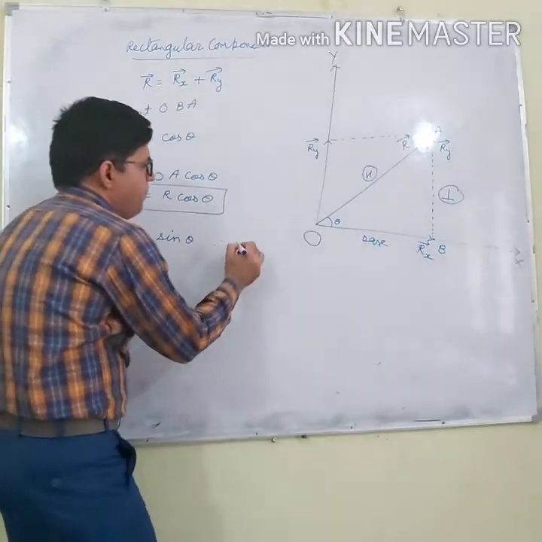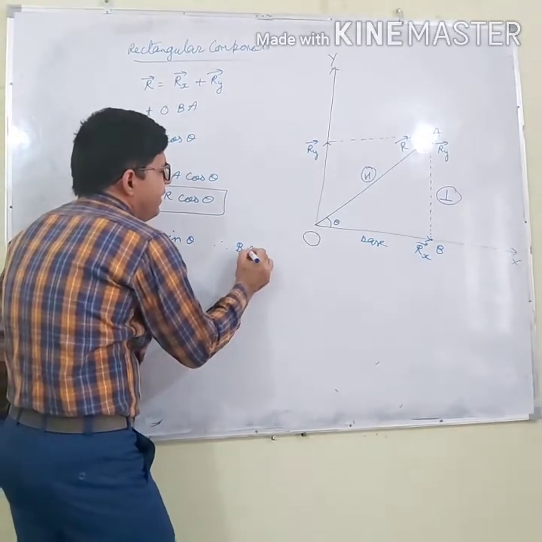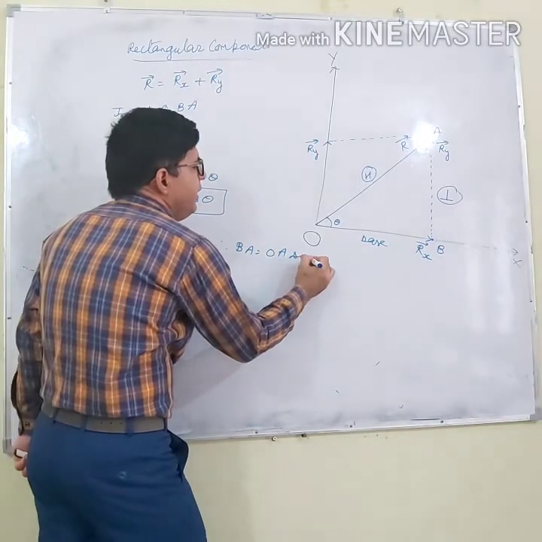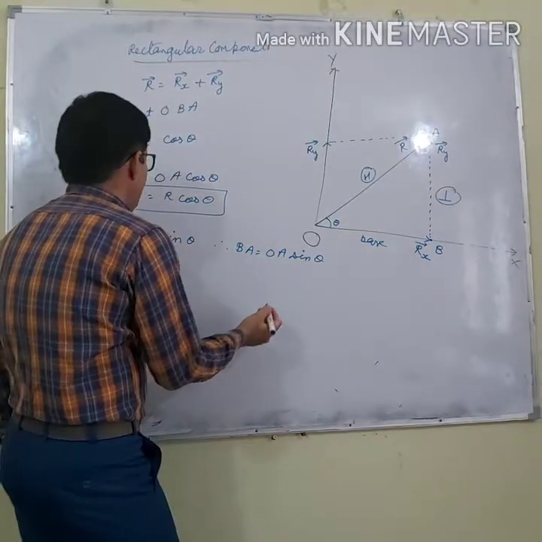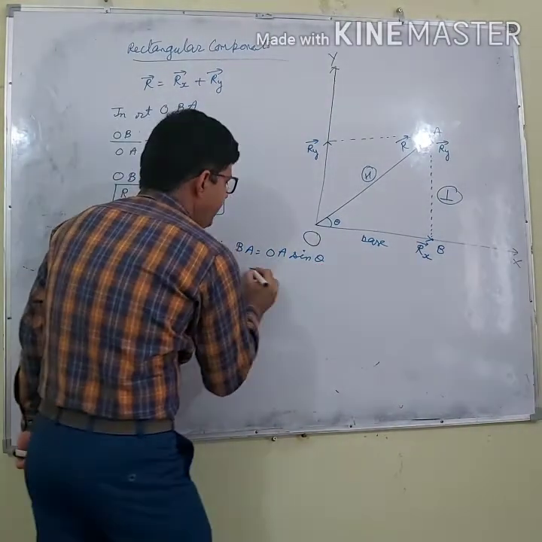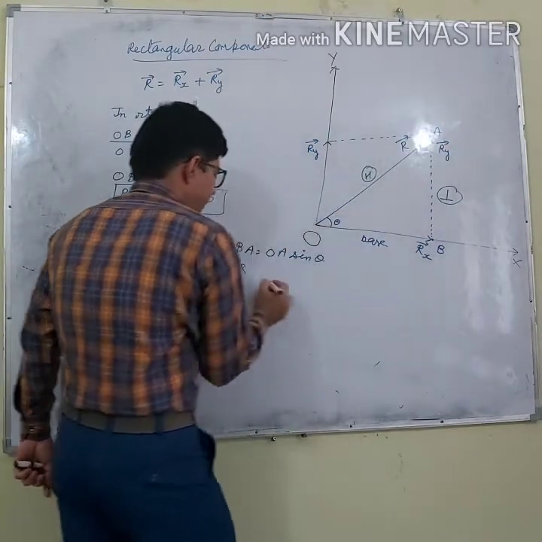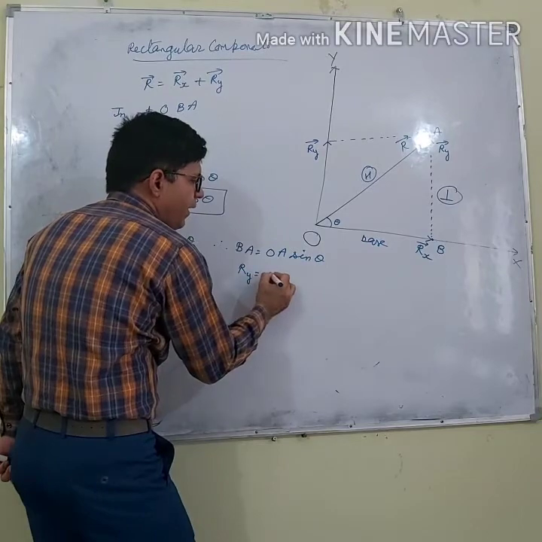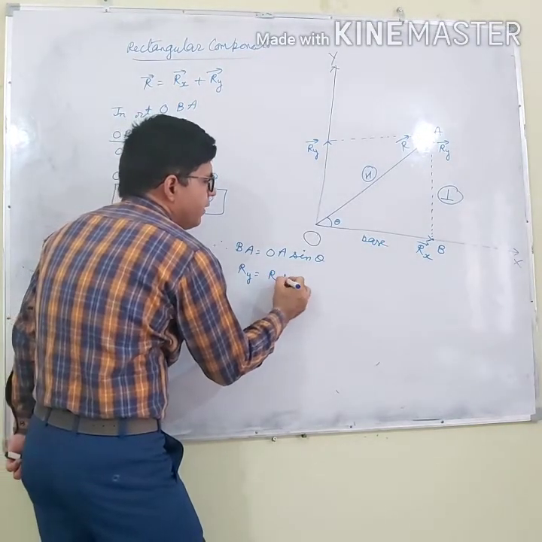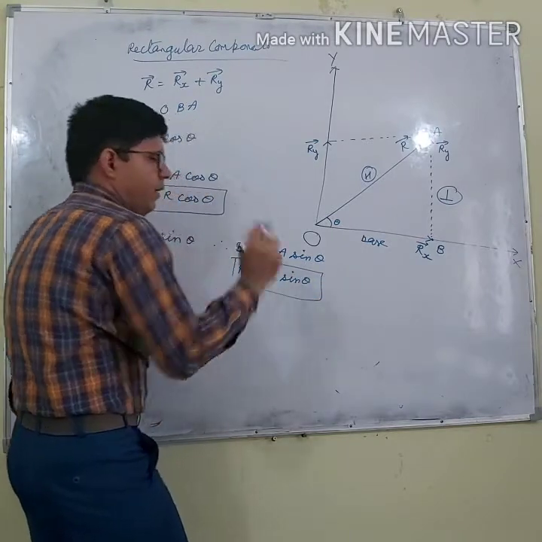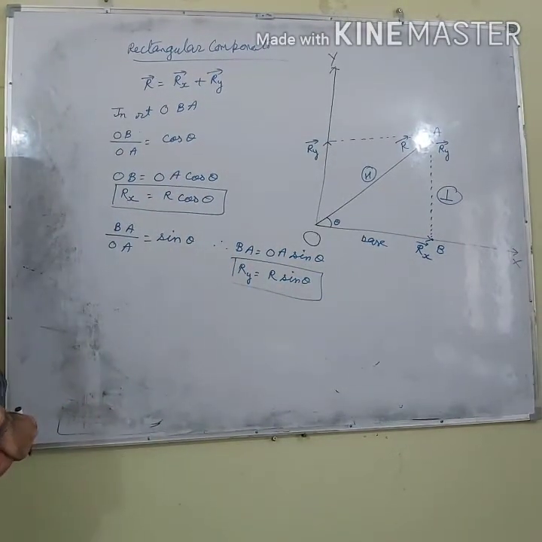Therefore, BA equals OA sin theta. So what is BA? BA is Ry and its magnitude is Ry equals R sin theta. Right? Ry equals R sin theta.